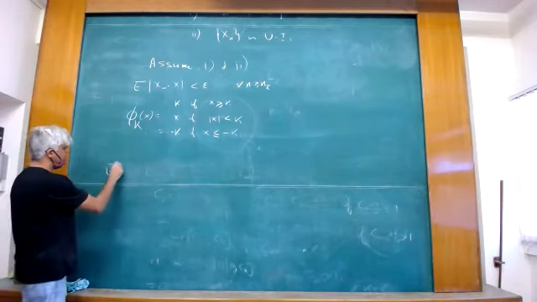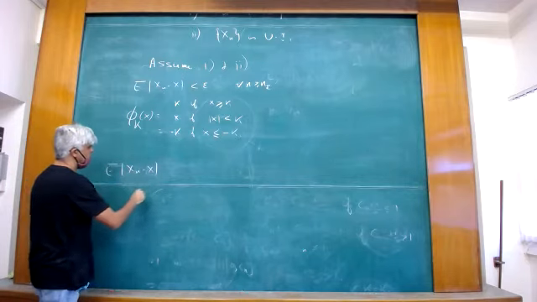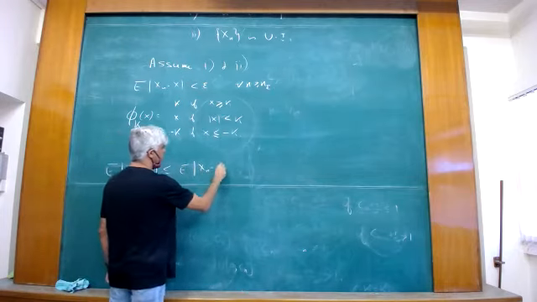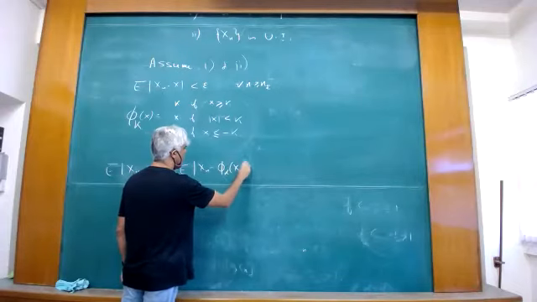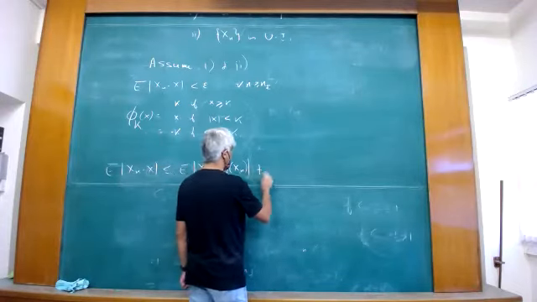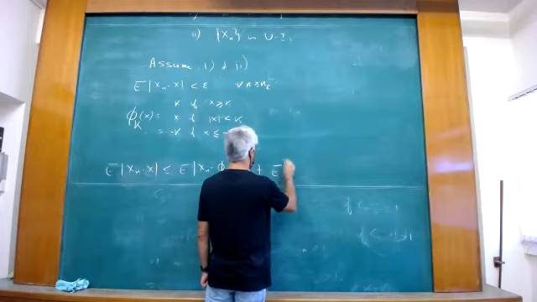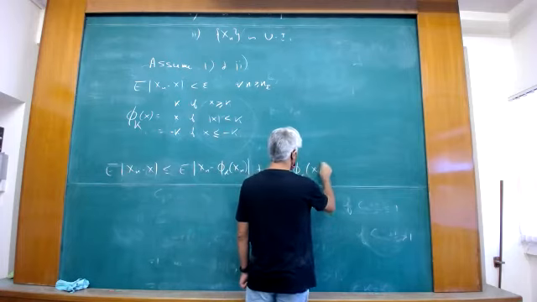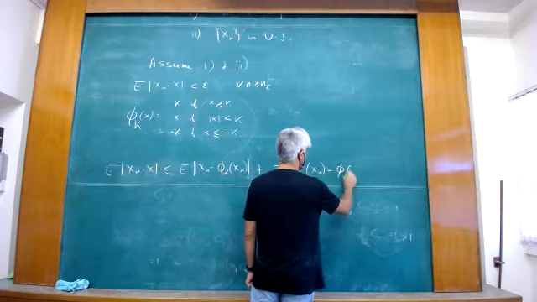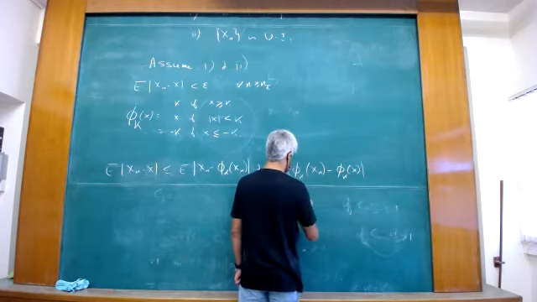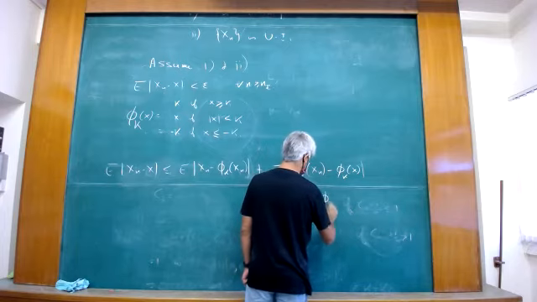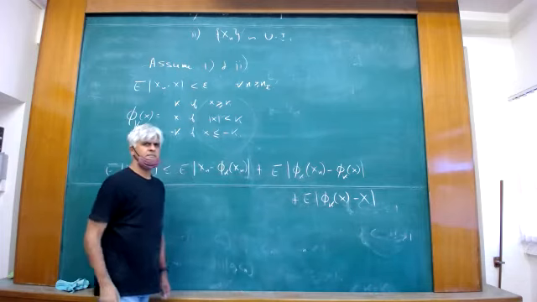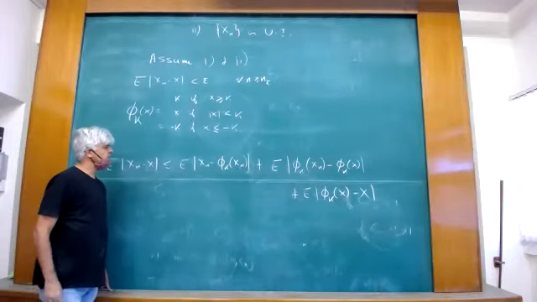So what I'll do is I'll simply write this as xn minus phi k xn plus xn minus pkx plus the remaining term. The first part is less than epsilon by uniform integrability.